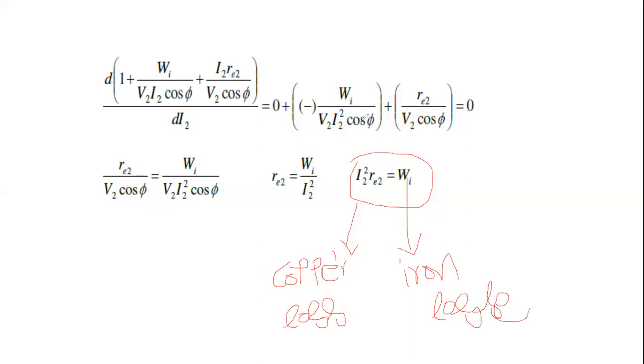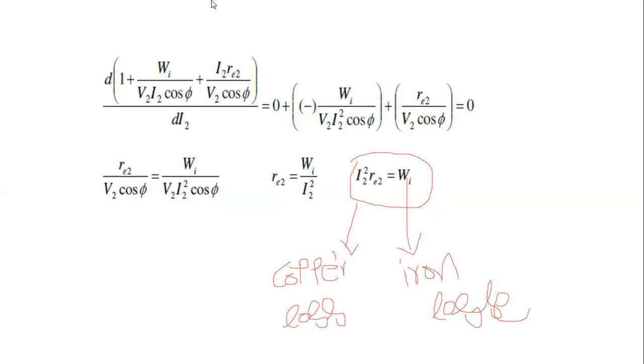Therefore, the maximum efficiency will be obtained when the copper losses are equal to the iron losses. That is the condition for determining the maximum efficiency of a transformer.